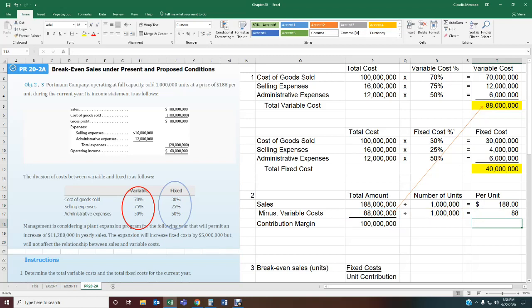You have variable costs of $88 per unit. So your contribution margin is going to be the difference. It will be the 188 minus the 88. That gives me $100 per unit.